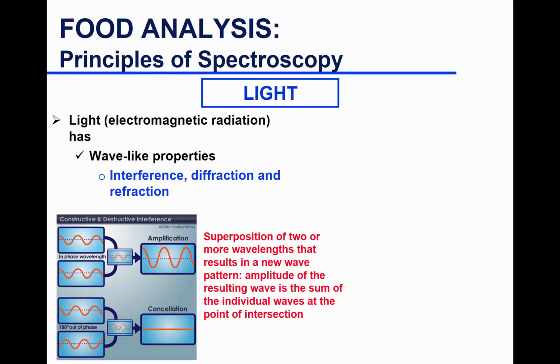And that is commonly used to enhance sensitivity in IR instrumentation. Another form of interference, if they were out of phase, that means if one wavelength interferes with another, but the maxima is at the minima of the other one, and vice versa, you get cancellation. You lose the energy completely.